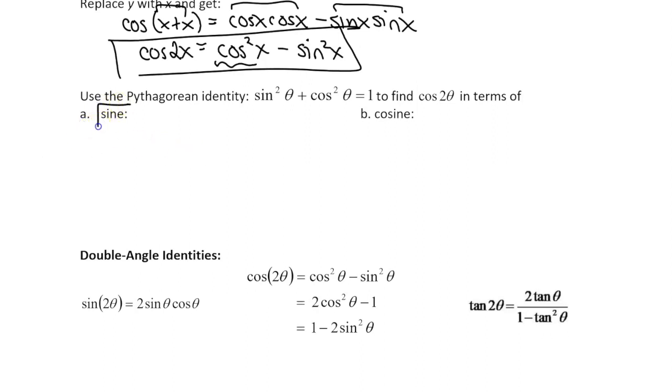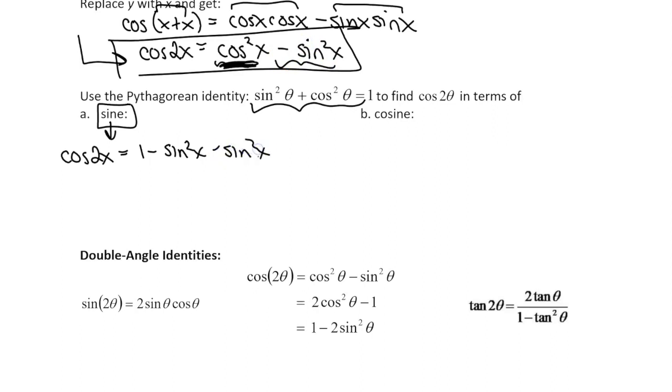If we wanted to write a Pythagorean identity, we know that sine squared x plus cos squared x equals 1, and we have our cosine 2x right here. Well, we could say that cosine 2x is going to equal, instead of saying cos squared x, I could substitute the Pythagorean identity and write 1 minus sine squared x, and then subtract my regular sine squared x right here.